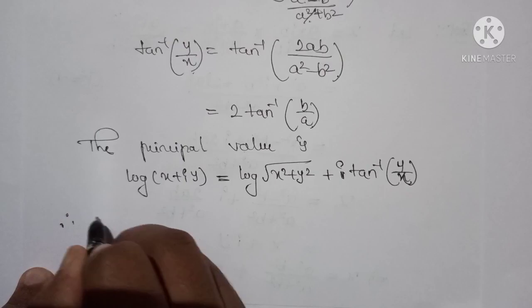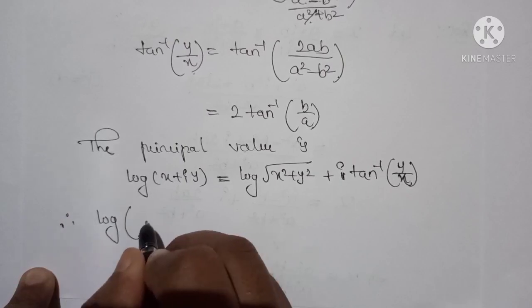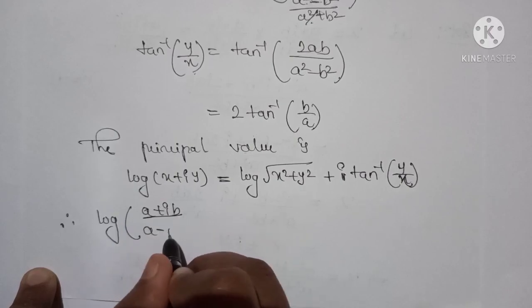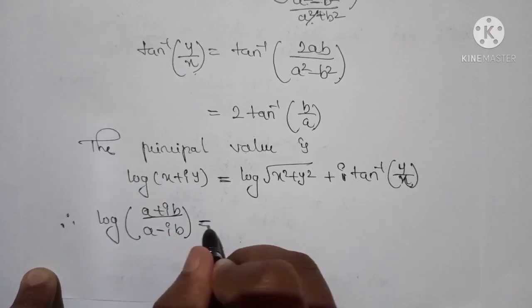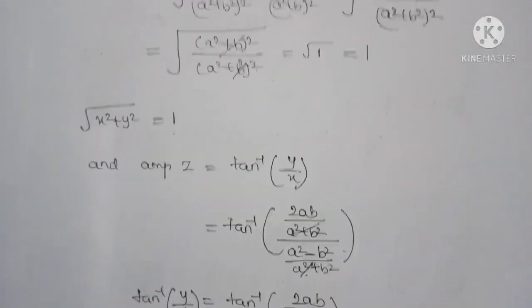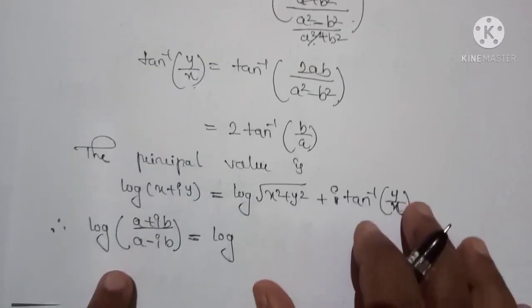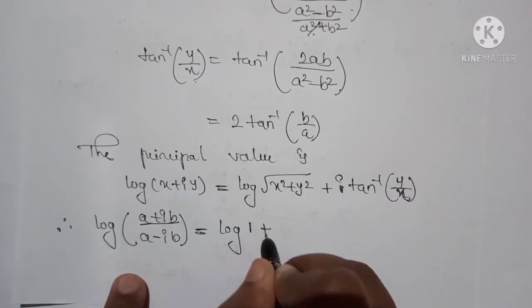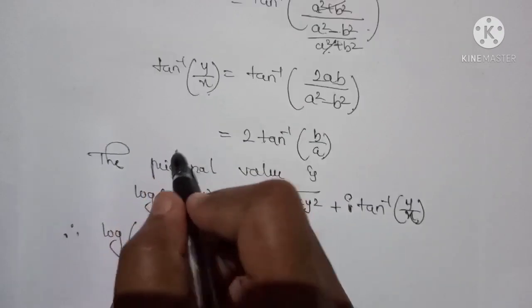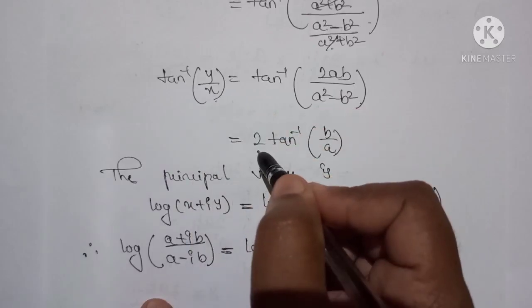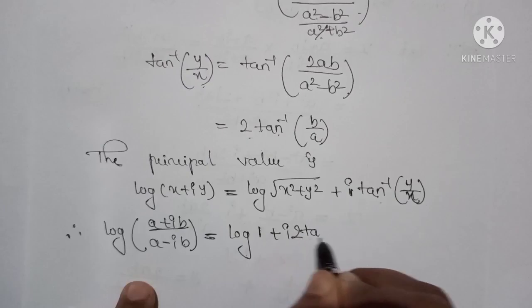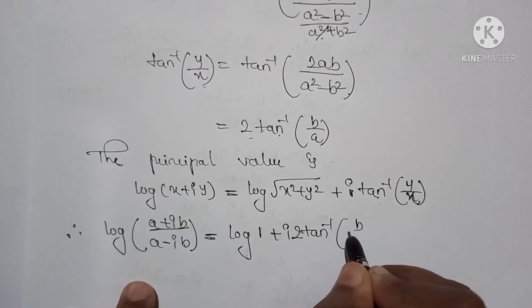So the log of the given complex number, a plus ib divided by a minus ib, is equal to log of, here we got square root of x square plus y square value equal to 1, therefore it is 1 plus i tan inverse of the amplitude. This tan inverse of y by x value we got as 2 tan inverse of b by a, therefore we substitute that value.